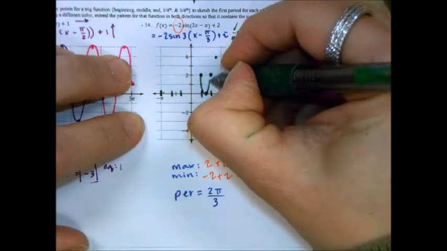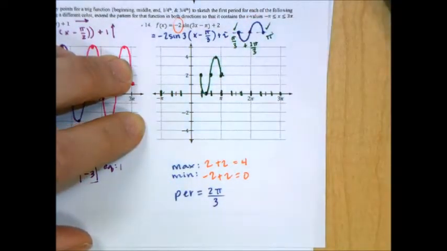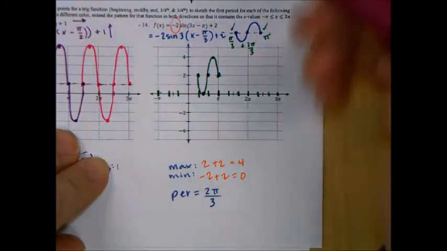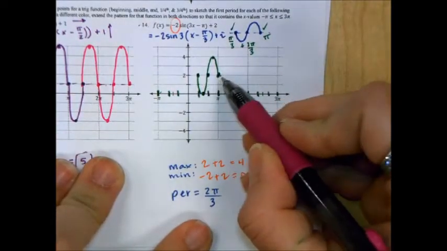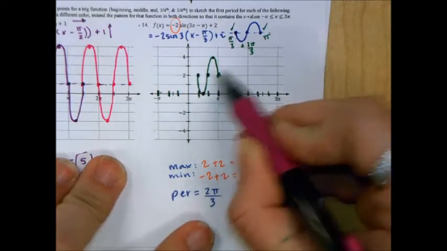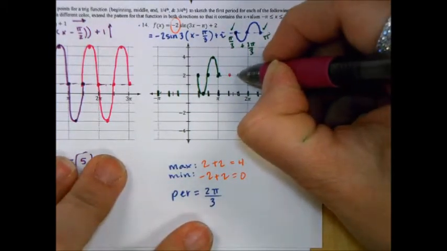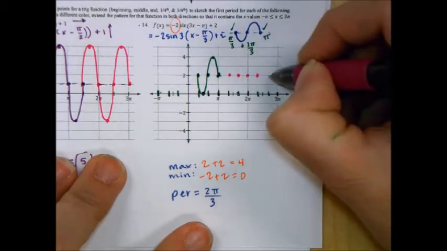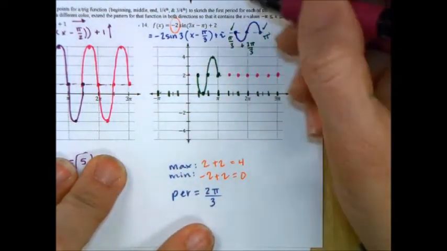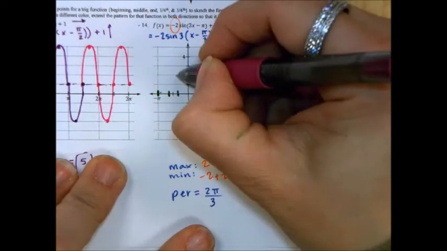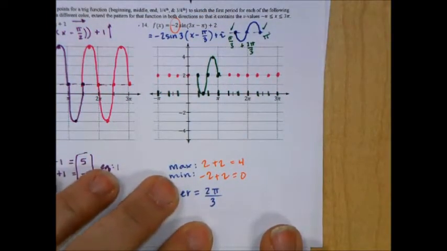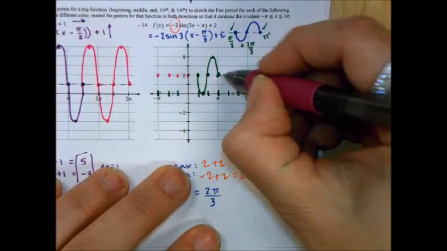There we go. So we'll just repeat that using our different color. So I might notice the points along my equilibrium and how far apart they are. So every pi over 3, I've marked off a point on the equilibrium. So here, here, 2 pi, 1, 2, 3 pi. Same in the other direction. All right, and then we just want to alternate minimum, maximum. So in between the first 2, a minimum, the second 2, a maximum.